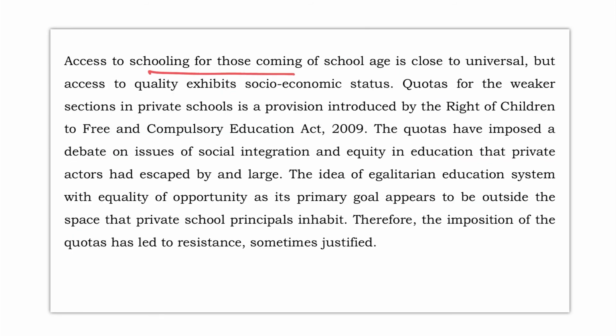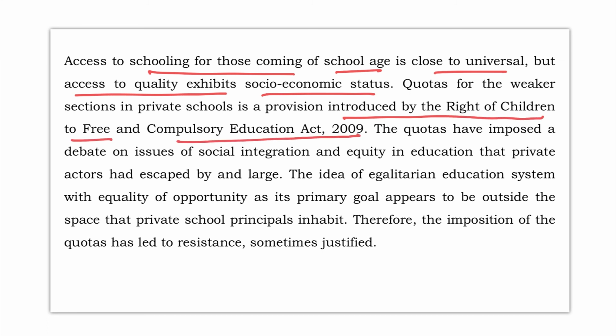Access to schooling for those coming of school age is close to universal, but access to quality exhibits socio-economic status. Quotas for the weaker section in private schools is a provision introduced by the Right of Children to Free and Compulsory Education Act 2009. The quotas have imposed a debate on issues of social integration and equity in education that private actors had escaped by and large.